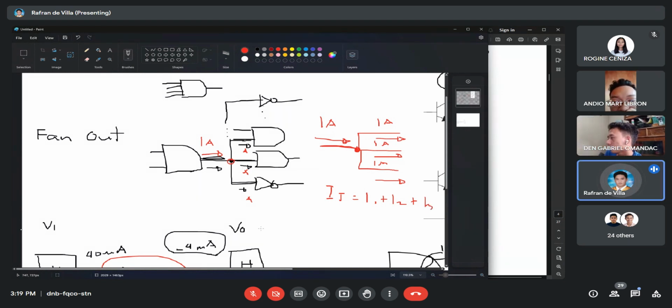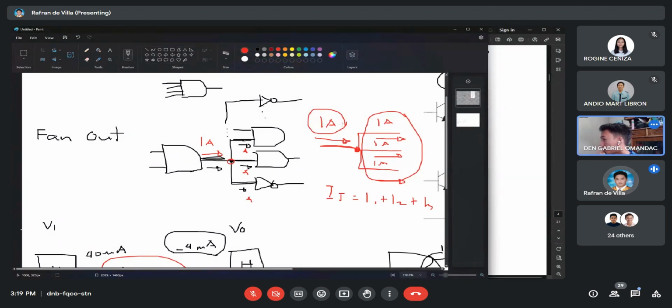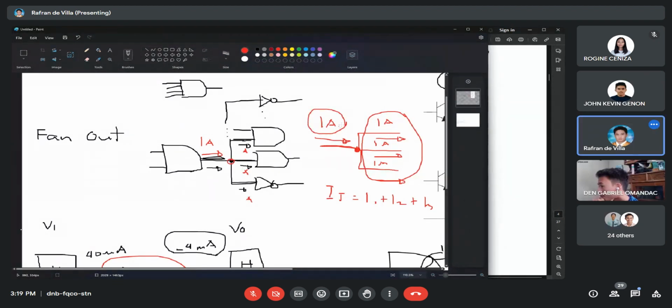So, equals the summation of the current leaving the node. Okay? So, guys, take note. If they are connected in parallel, the summation of all current leaving the node is equal to the current entering the node.